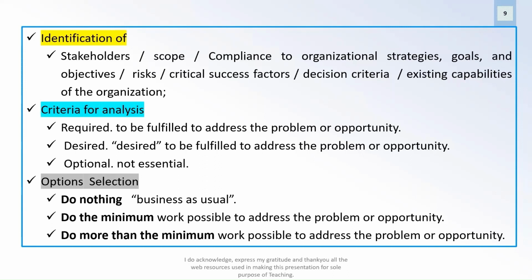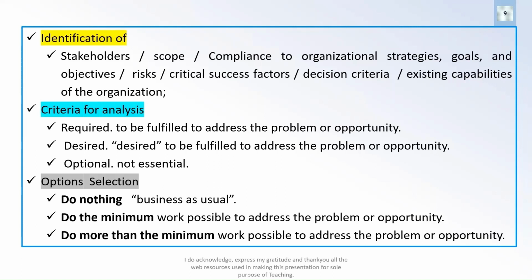Second is do the minimum possible to address the problem or opportunity, or to be in the business. Third is do more than the minimum. Step out. And you do this because you are addressing a big problem or you are looking for a good growth jump.